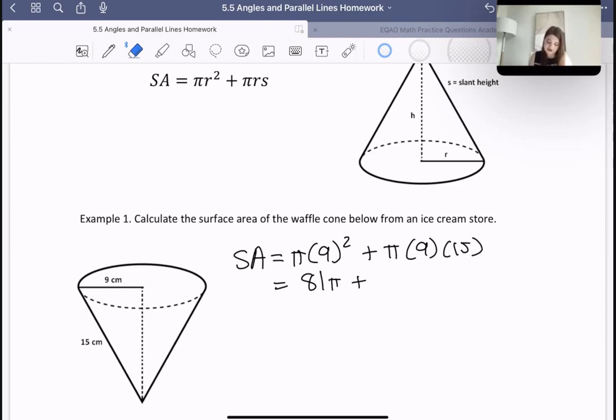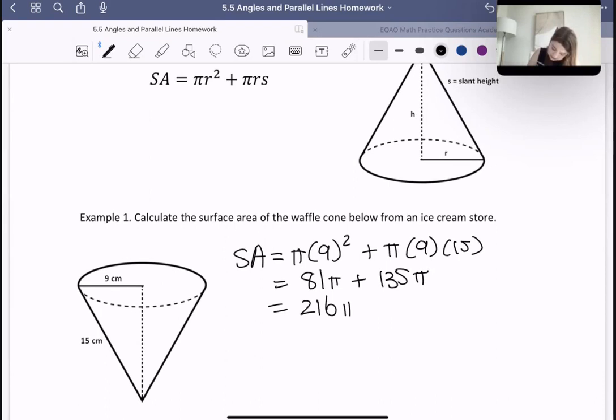My apologies. 135 pi, which is going to be 216 pi as our exact answer. And then to approximate that, it's going to be about 678.58 square centimeters for our overall surface area. So there we go.